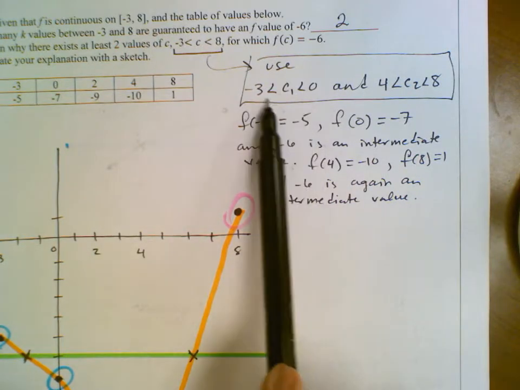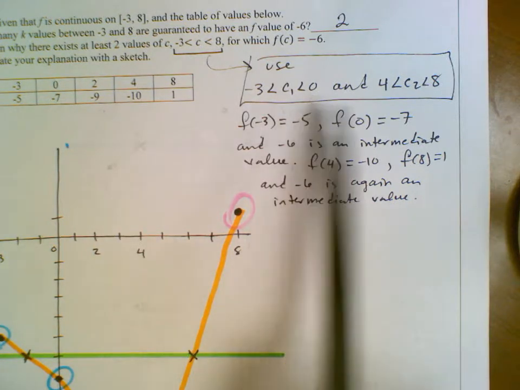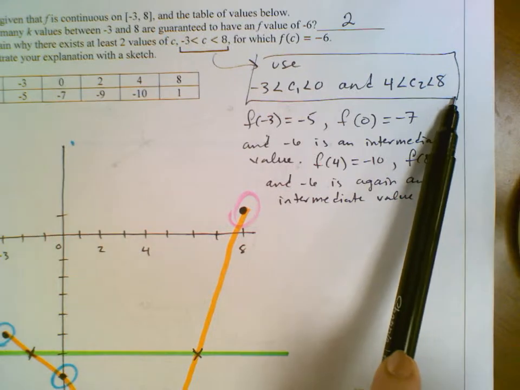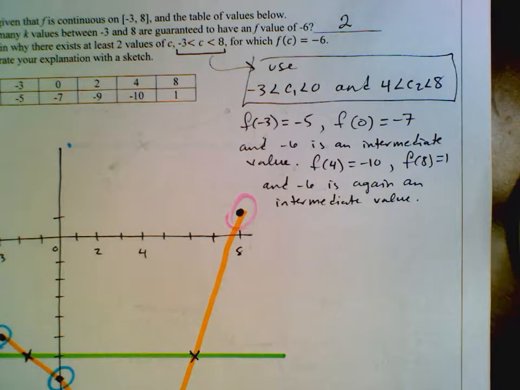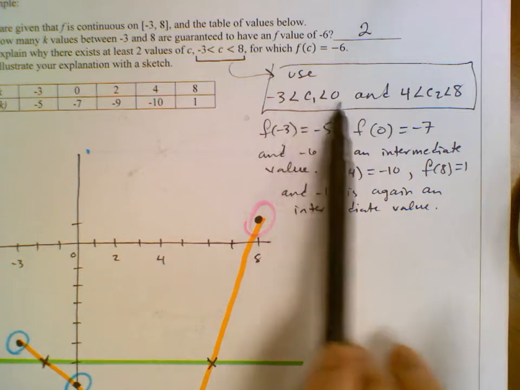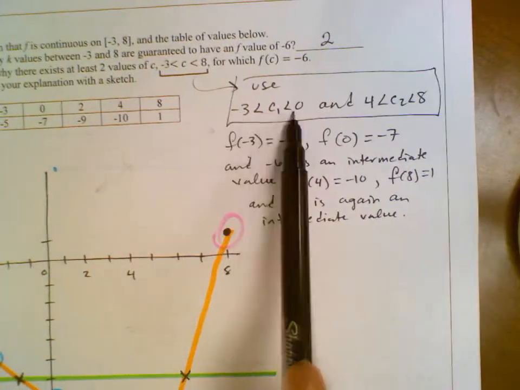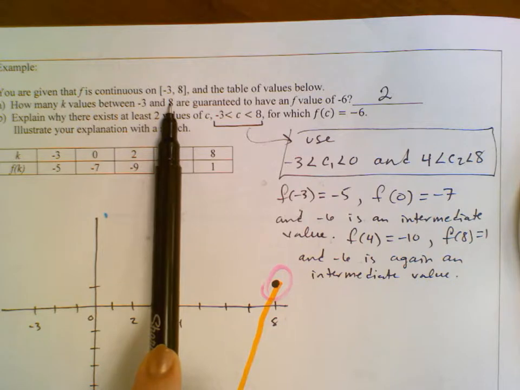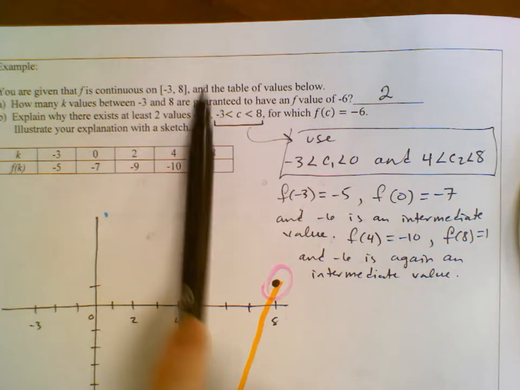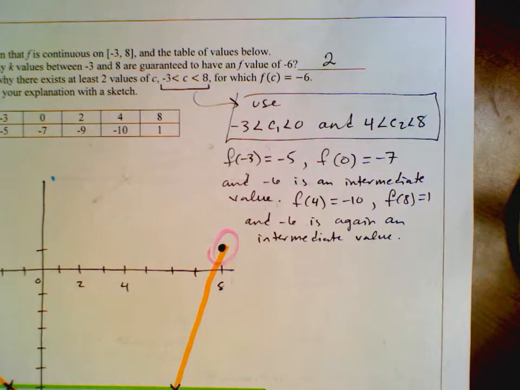Okay, now we want to tell our reader that f is continuous on negative 3 to 0 and continuous on 4 to 8. The first thing is you get the intermediate value, then you show continuity, and then you've got it. Well, they didn't tell us that f was continuous on either of these intervals. What they told us was that f is continuous on negative 3 to 8. And these intervals are included in negative 3 to 8, so if f is continuous on this larger interval, it's also continuous on the sub-intervals.